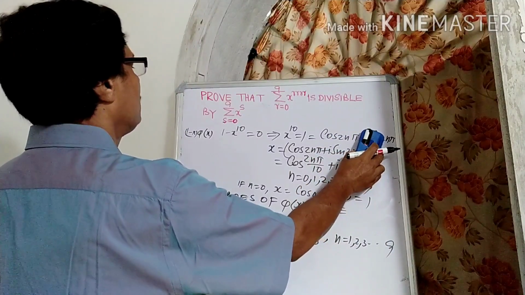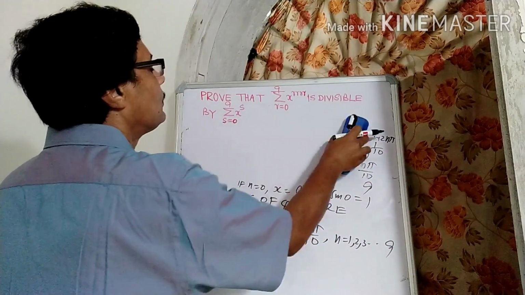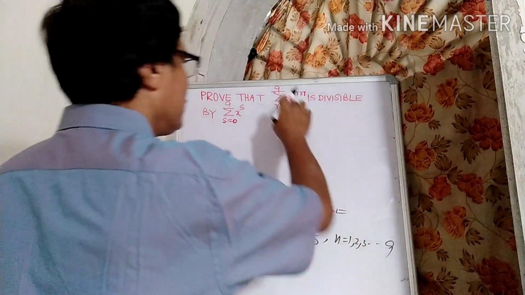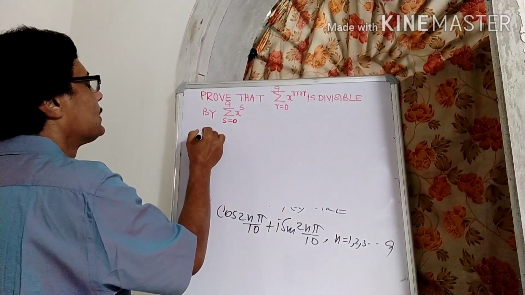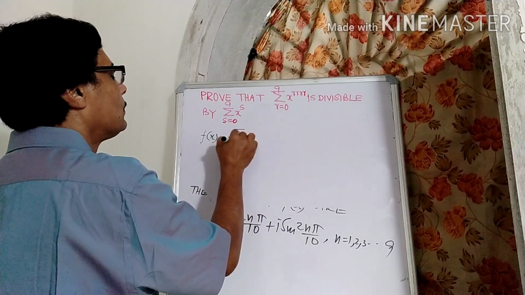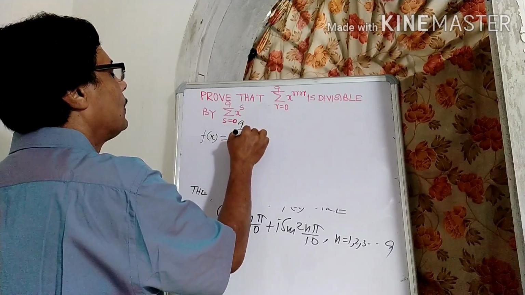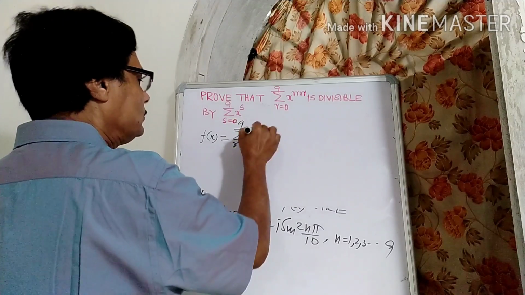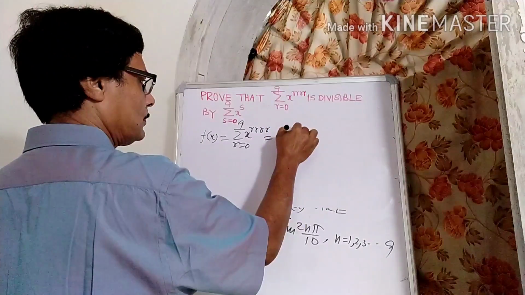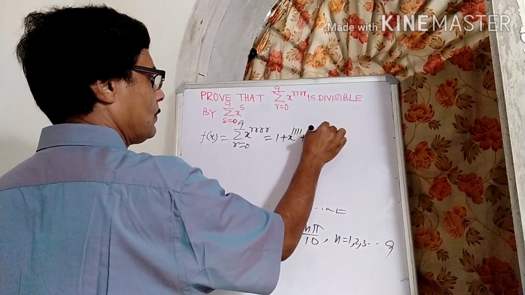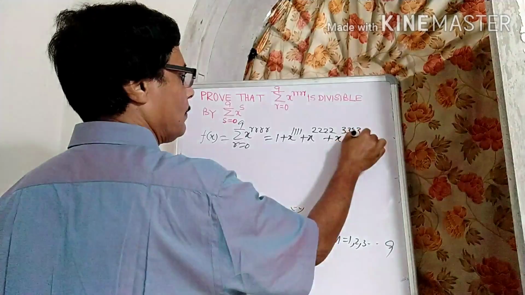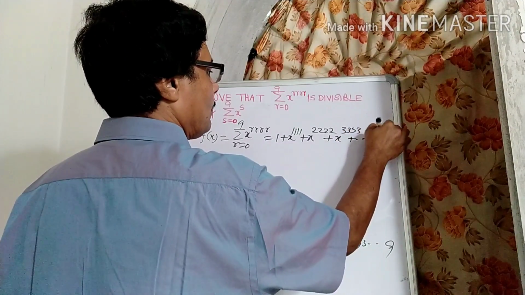To verify this, we write down the polynomial function f(x) equal to 1 plus x plus dot dot.